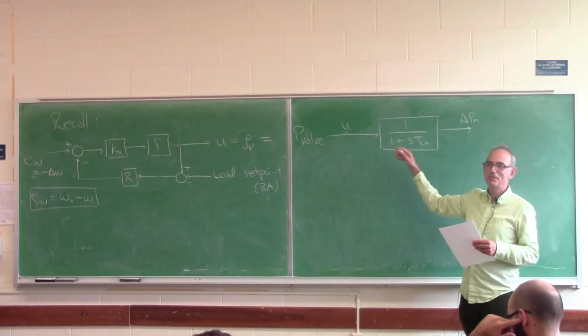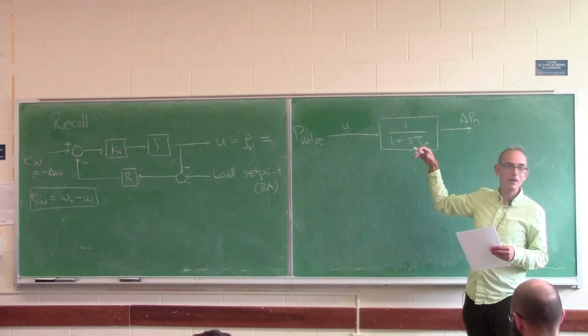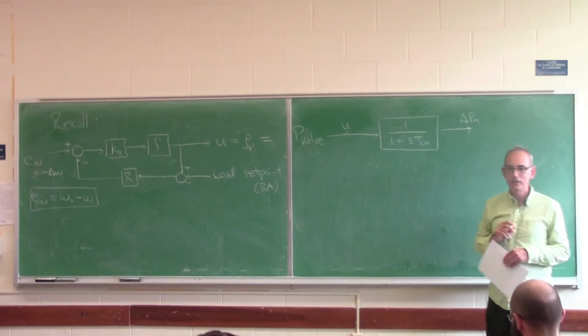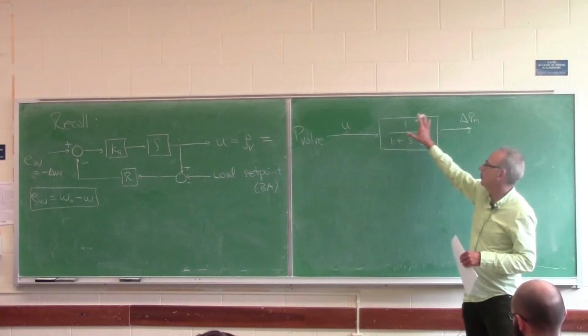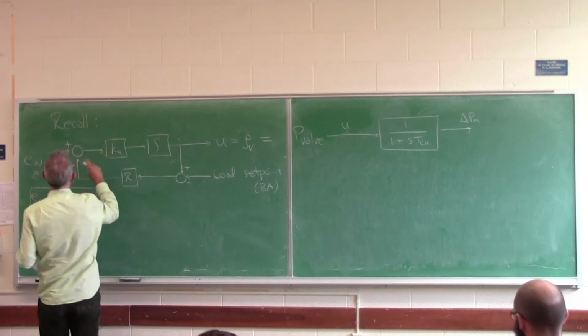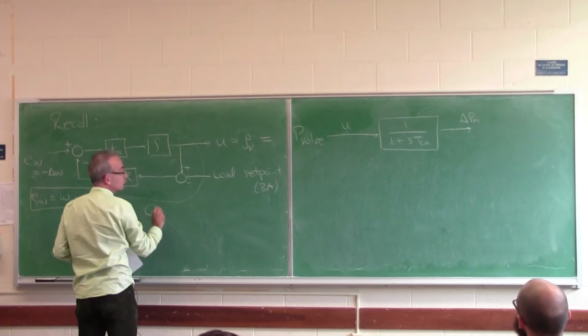There's dynamics in this physical system from valve position to power, and that by normalization and approximation is modeled as a first order linear system. So there's one thing that has to do with physics, and this is something about design. So this whole thing would be called G sub C in a control course.